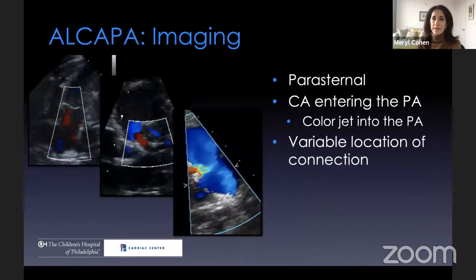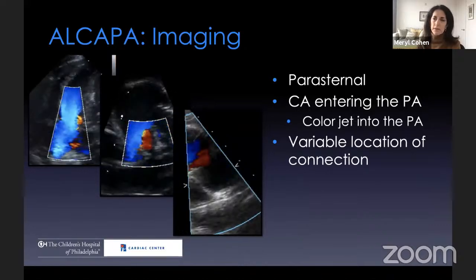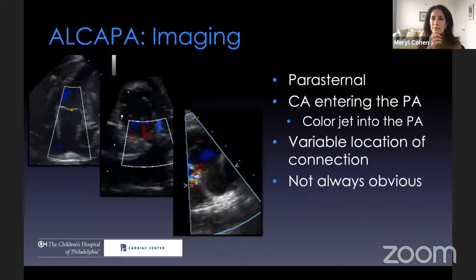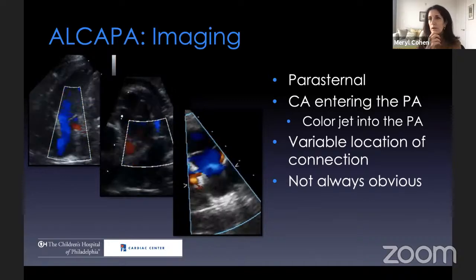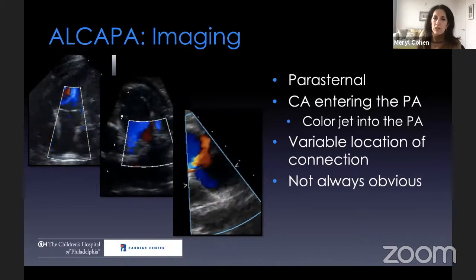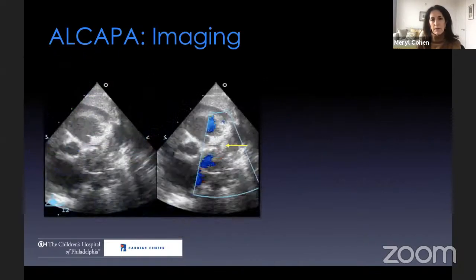So you really have to scan the entire pulmonary artery, including the branches, because it can be as high as a right or left pulmonary artery branch. And unfortunately, it's not always obvious, particularly in a baby who's very sick with a heart rate of 180 or 200. It can be challenging sometimes to see the coronary artery entering the pulmonary artery.